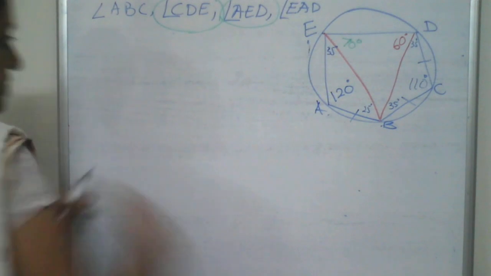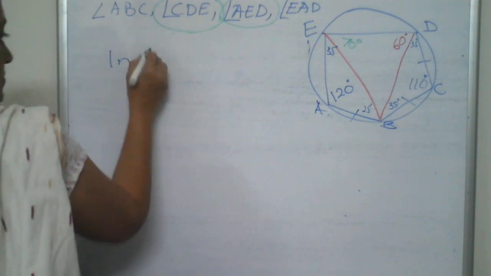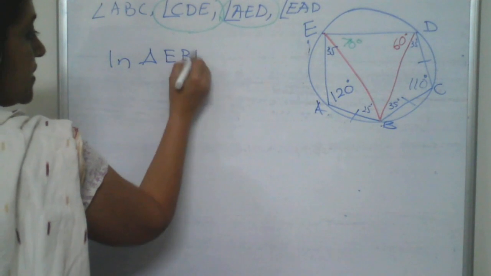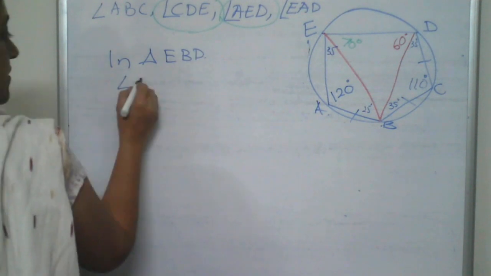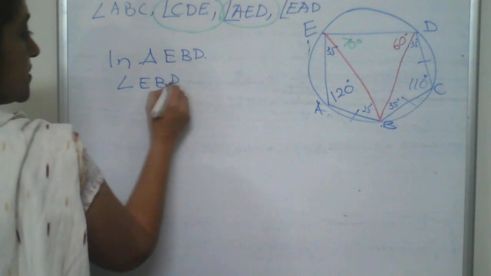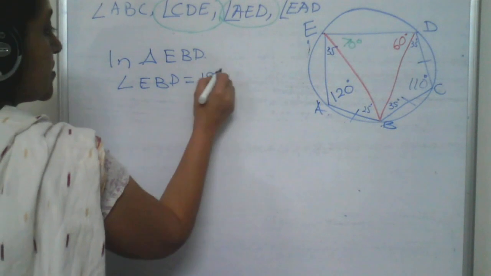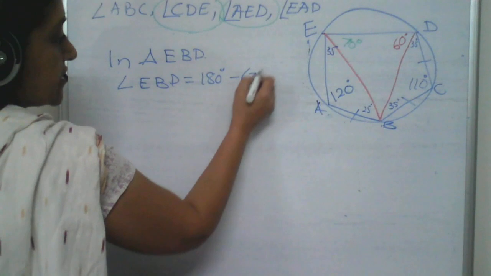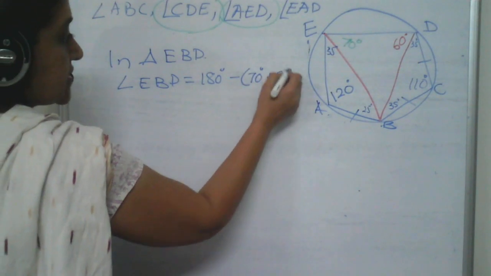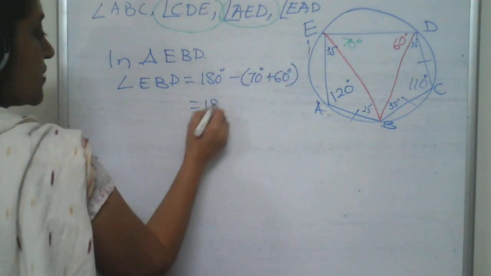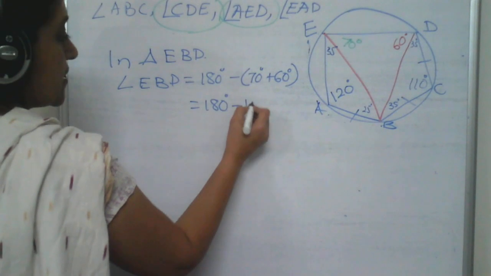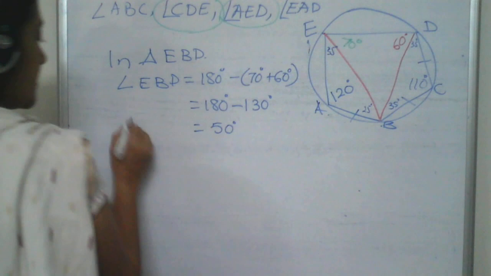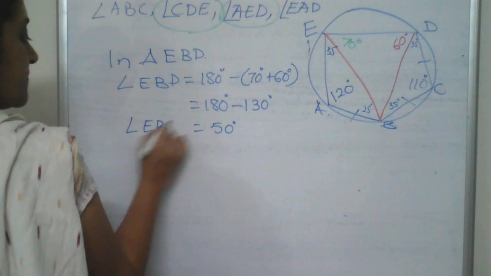Now, in triangle EBD, angle EBD is equal to 180 minus this we have just now found, so you can write it as 70 plus 60, that is equal to 180 minus 130, that gives you 50, that is angle EBD.